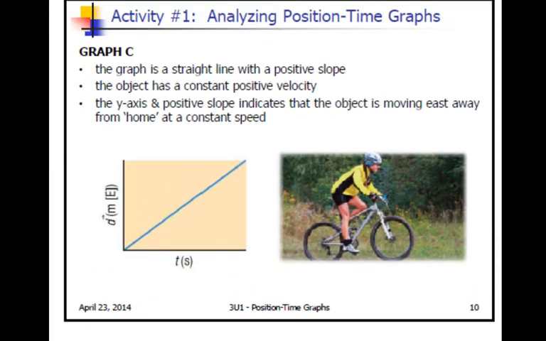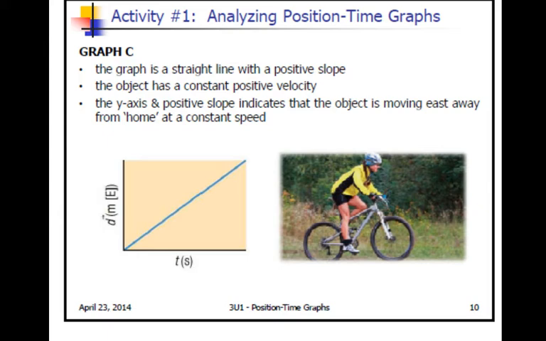Now if I had a graph that looks like this, this might be a person who is traveling on their bike, coasting at constant velocity. Their position is changing at a constant value with respect to time. If you find the slope of that position time graph, you will find the velocity the person travels.